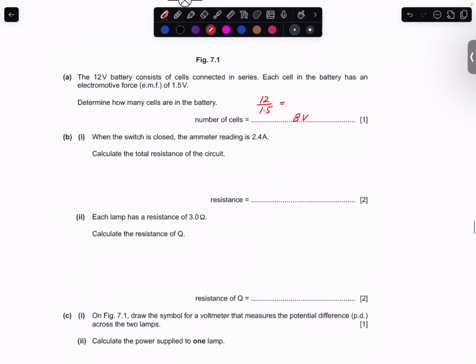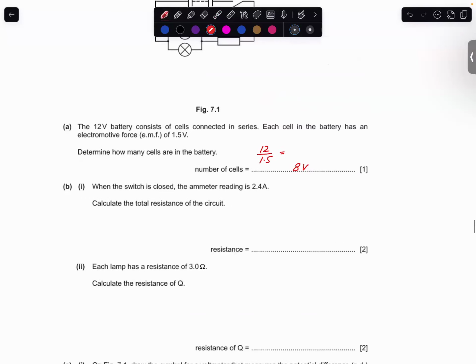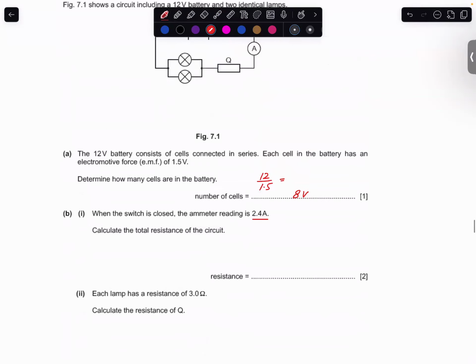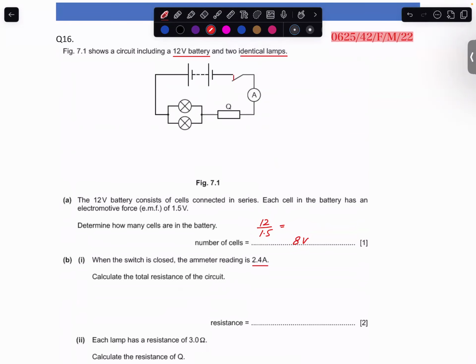Part B of the circuit: when the switch is closed, the ammeter reading is 2.4 ampere. This means when this switch is closed, this ammeter gives you the value 2.4 ampere. It means this battery delivers 2.4 ampere current in this circuit, and we consider the conventional flow.